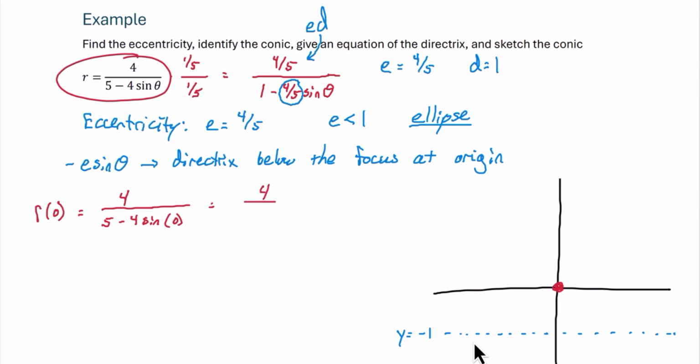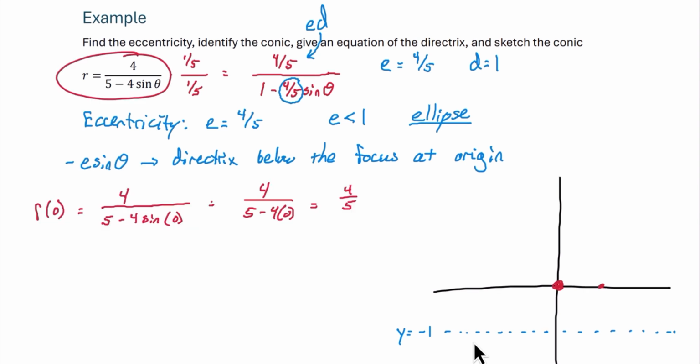Sine of 0 is 0, so that is simply 4/5. So when our angle is 0, r is 4/5. So that point is 4/5, 0. And since we know some symmetry is happening, we can say that at the angle pi, r is also 4/5.